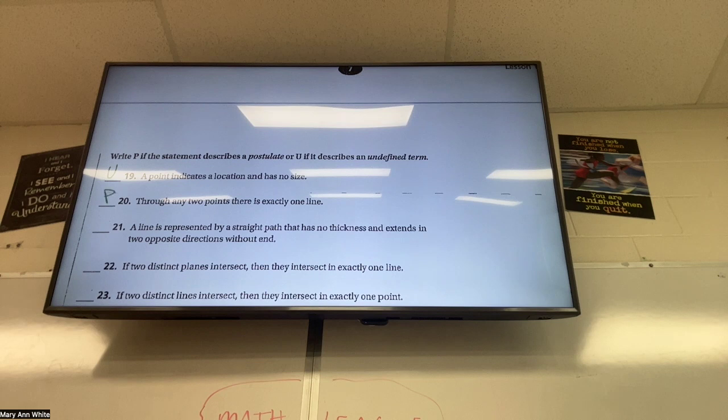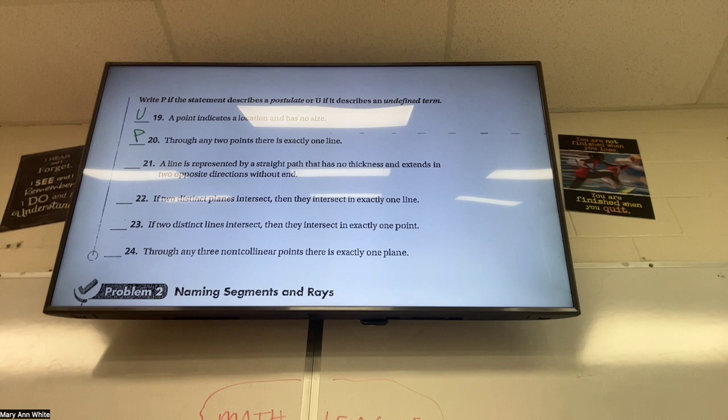P postulate. Number 21, a line is represented by a straight path that has no thickness and extends in 2 opposite directions without end. Very good. Now, notice those 2 U's. Those are trying to define words that we describe as undefined, right? If you like these definitions, go ahead and put them on your vocab cards.